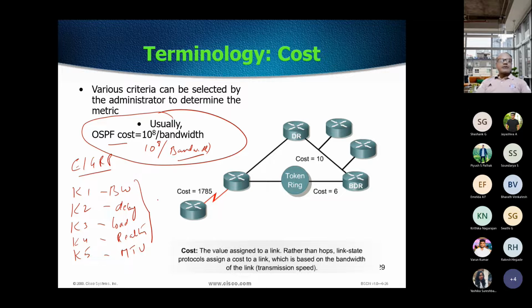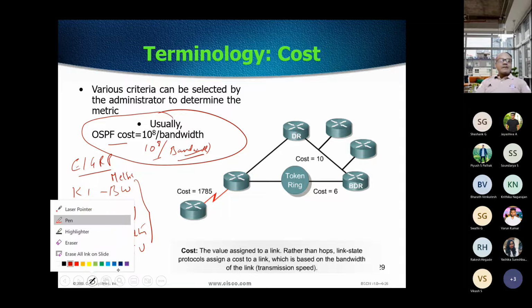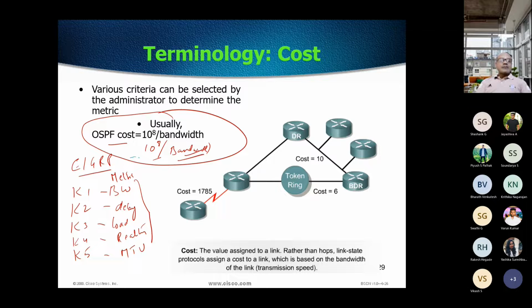This is how OSPF calculates the metric: here the metric is calculated based on 10 to the power of 8 divided by bandwidth. But EIGRP by default calculates what? By default it calculates two parameters, bandwidth and delay, to find the best path.